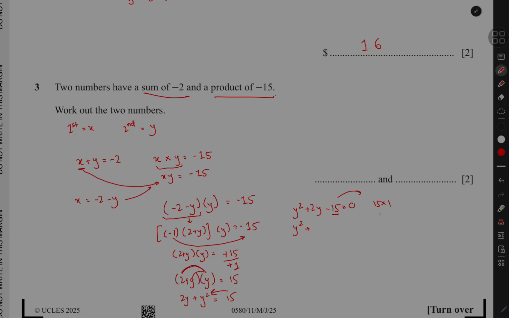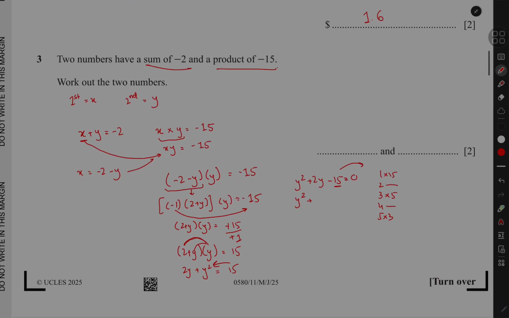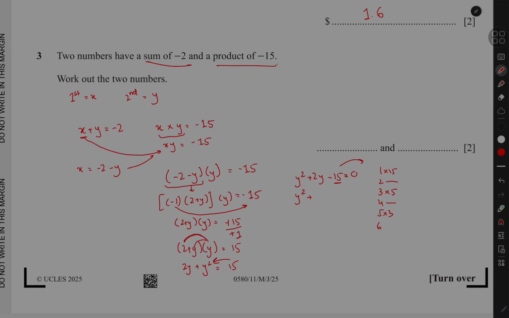Okay, so 1 times 15 is 15, 2 no way, 3 fives are 15, 4 no. So what I'm doing is 1 multiplied by 15, 2 no, 15 is not divisible by 2, 3 fives are 15, that's true, 4 no, 15 is not divisible by 4, 5 multiplied by 3 is 15, 6 no, 15 is not divisible by 6, 7 no, 8 no, 9 no, 10 no. Okay, so now we don't need to even go further.